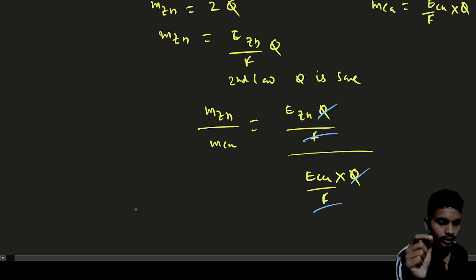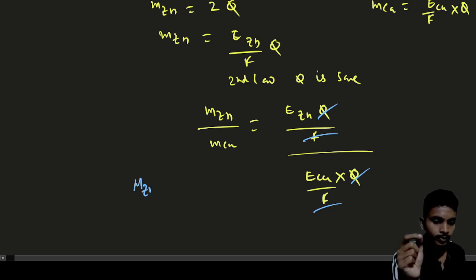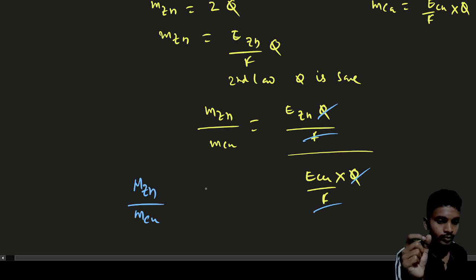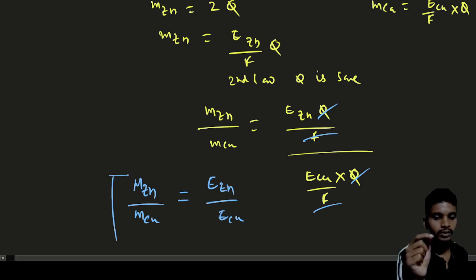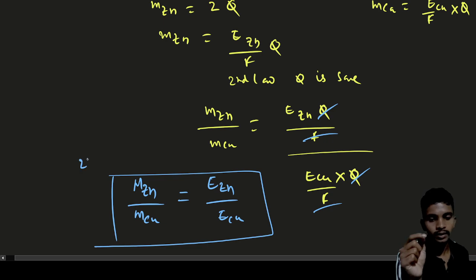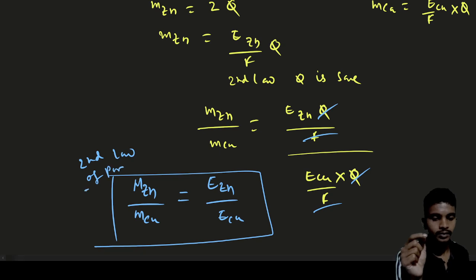So M of Zn by M of Cu equals E of Zn by E of Cu. This is the second law of Faraday.